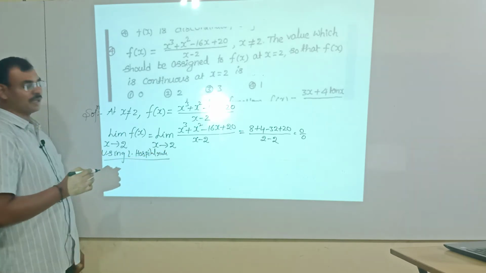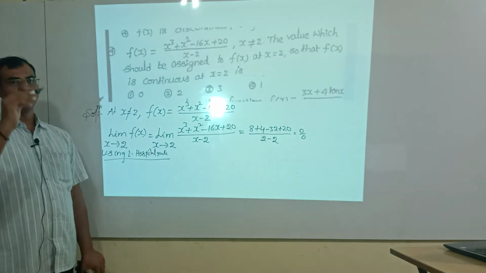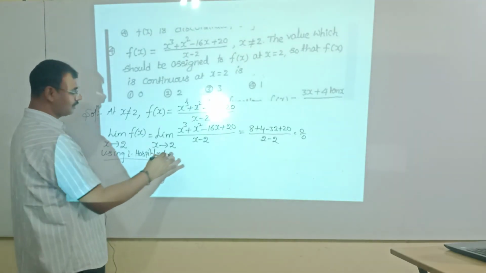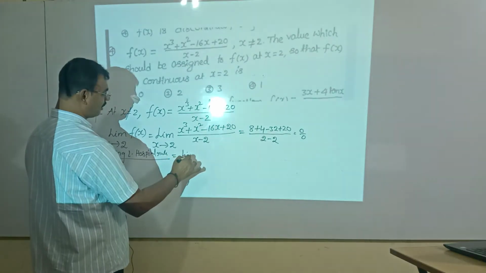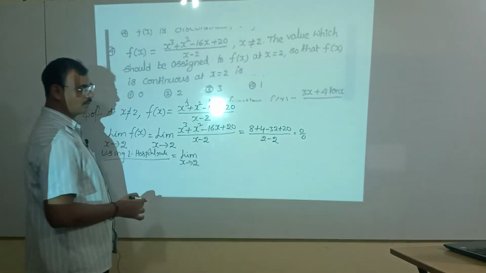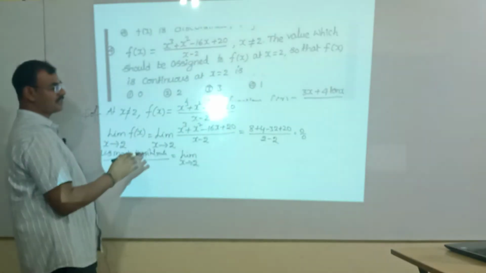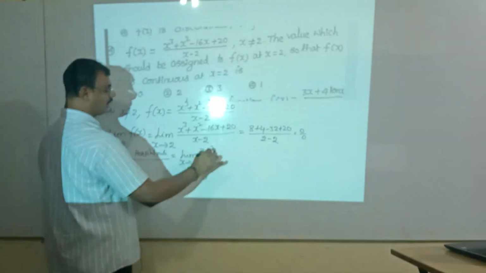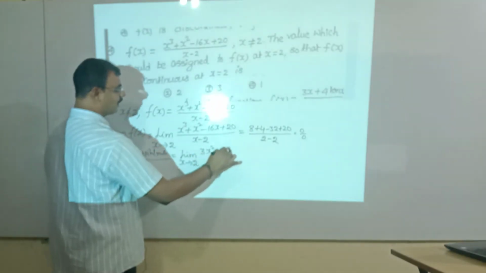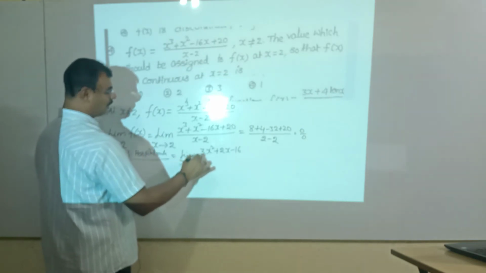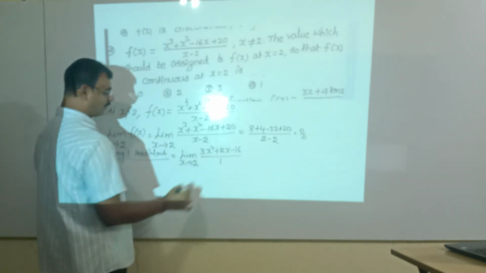So what is the L'Hospital rule? Differentiating numerator and denominator separately. As x tends to 2, apply the L'Hospital rule: differentiating x cube plus x square minus 16x plus 20 gives 3x square plus 2x minus 16, divided by 1.